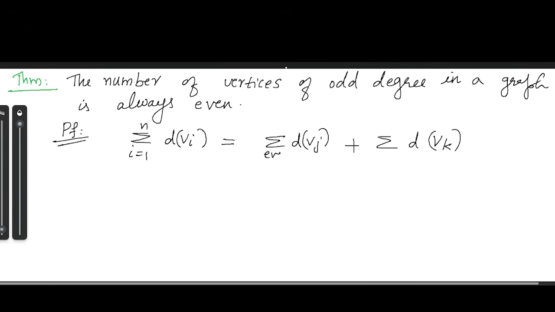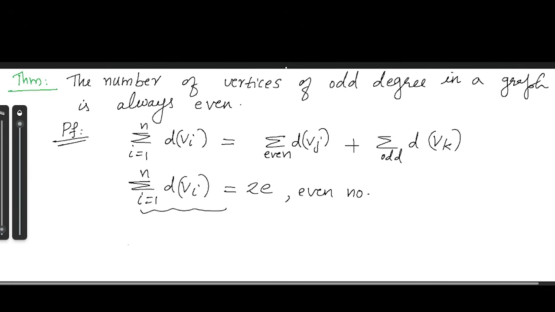Here even degrees, here odd degrees. Okay, and we know sigma d of Vi is equal to 2E by the handshaking lemma. And we know 2E, 2 into number of edges, is a multiple of 2. So this is an even number. So sigma d of Vi, i varies from 1 to n, is an even number.